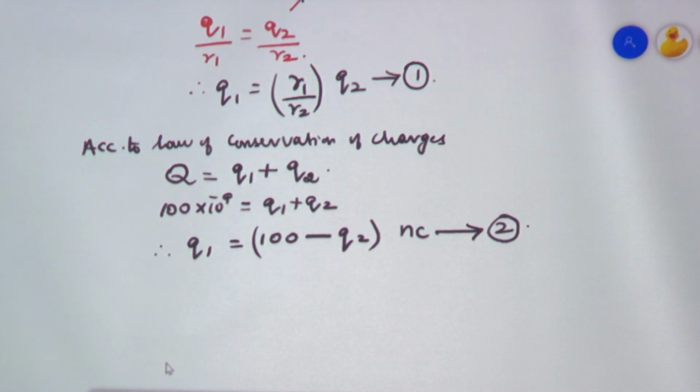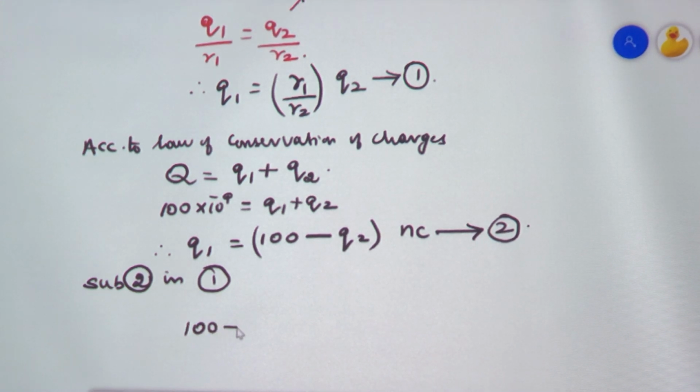See, you take this value and substitute in equation number 1. Take equation 2 and substitute in 1. On the left hand side you see Q1. Instead of Q1 I can write 100 minus Q2 is equal to R1 divided by R2 into Q2.